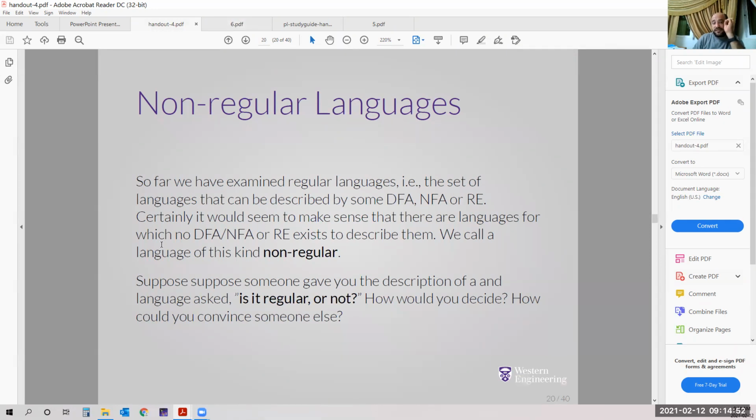Suppose someone gave you the description of a language and asks, is it regular or not? How would you decide? How could you convince someone else? The pumping lemma, which we'll touch on now, will prove that a language is not regular.